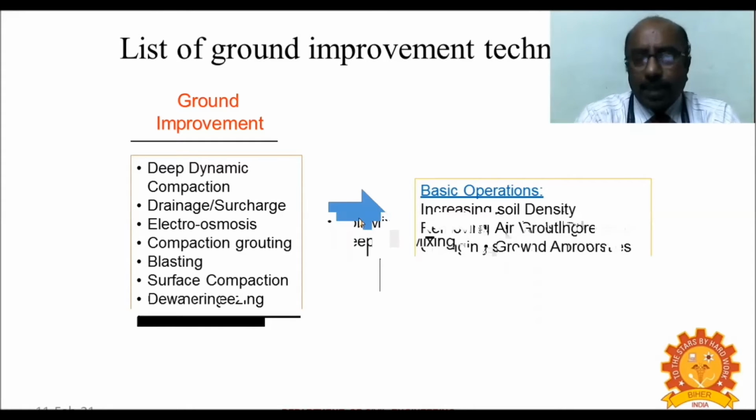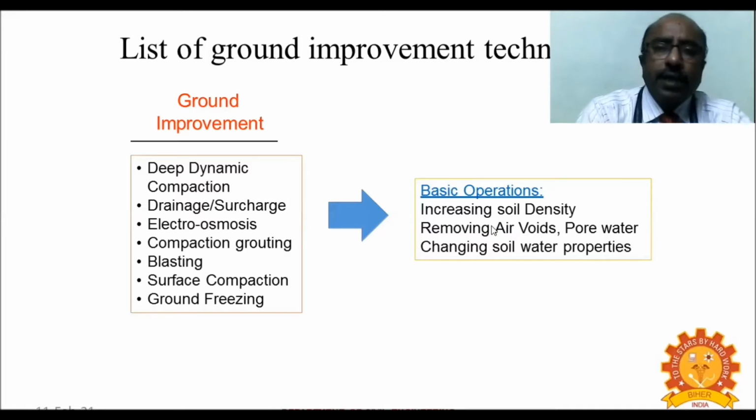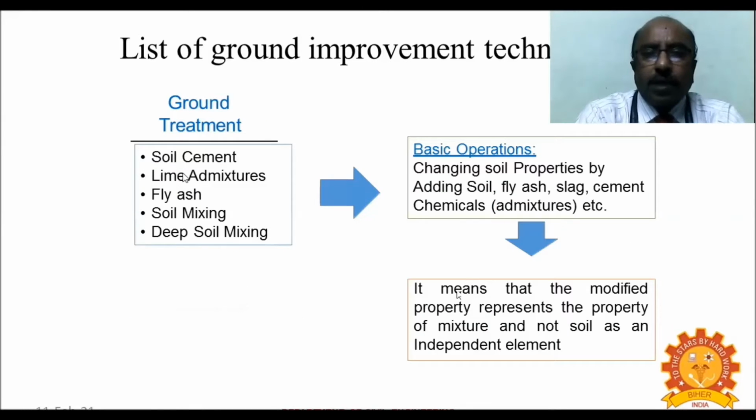By applying compaction, you can remove the air present in the voids. Also, the pore water is expelled from the soil. Thereby, the soil particles are made to come closer, and because of that, the density or unit weight is increased. That is the basic operation in ground improvement.